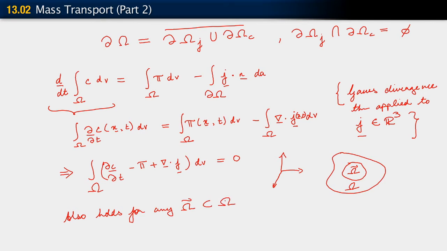And of course omega tilde can be as small as we like within omega.